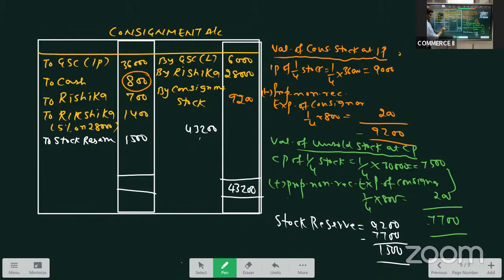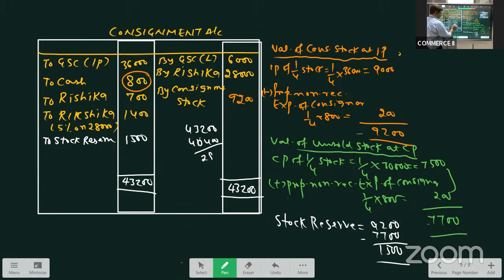Then what is the debit side total? 36, 37,5, 38,5, 40,400 I'm getting.